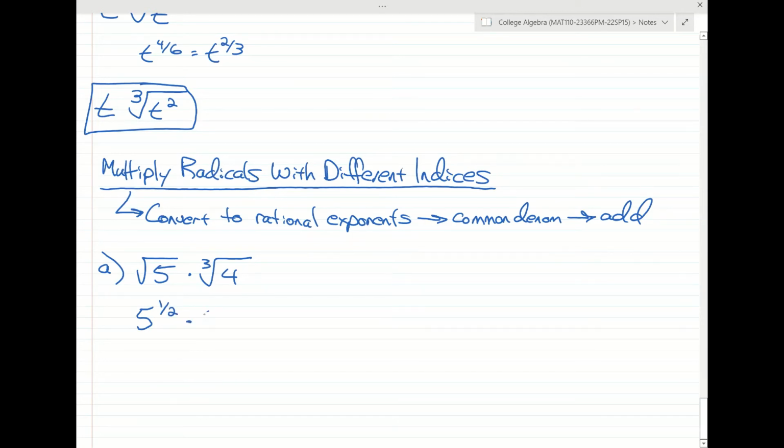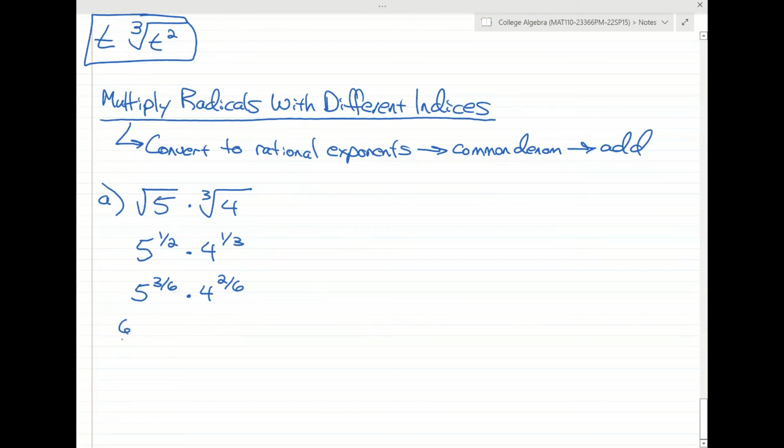This is just 4 to the 1/3. In order to combine these, we have to get the same denominator. That would really be what the radical is. So 1/2 we could just write as 3 over 6. 1/3 we could just write as 2 over 6.